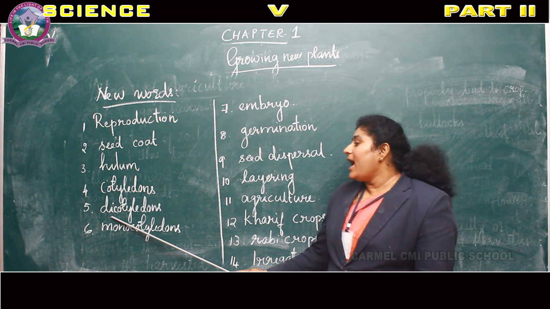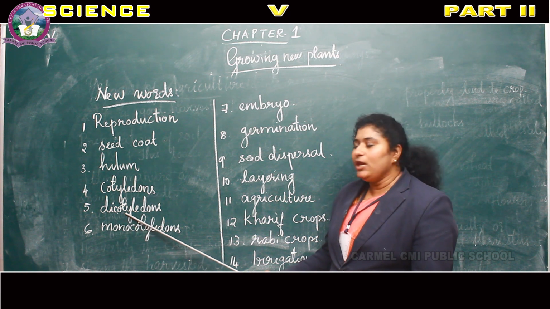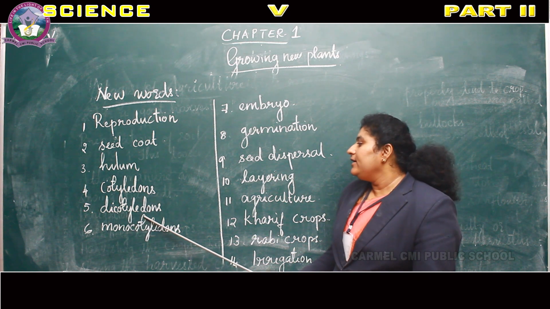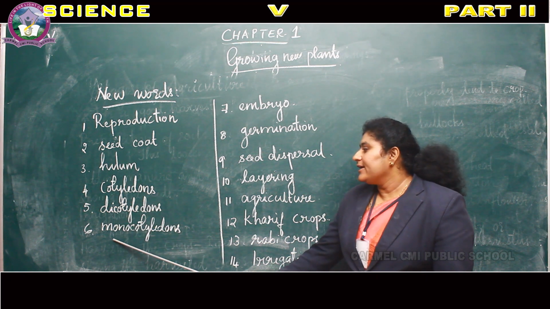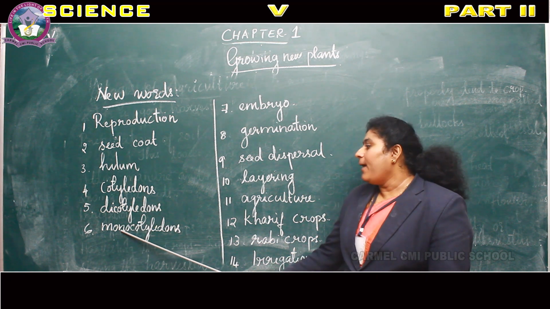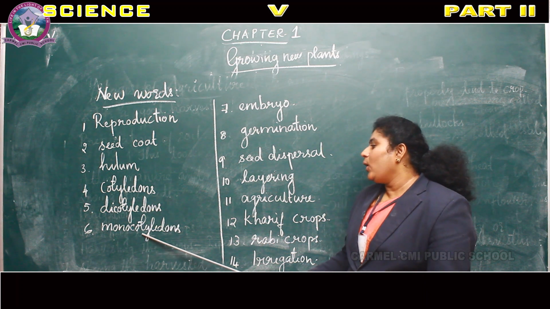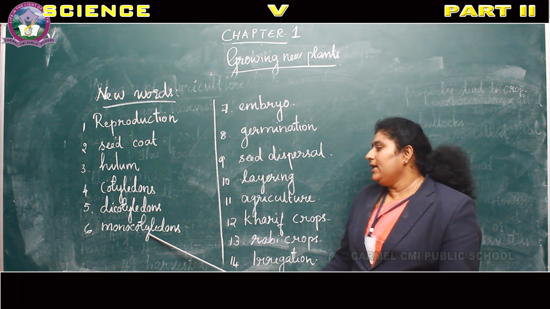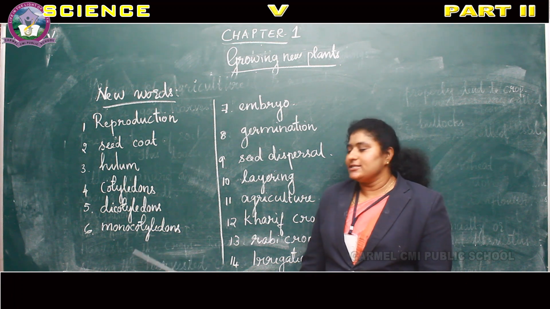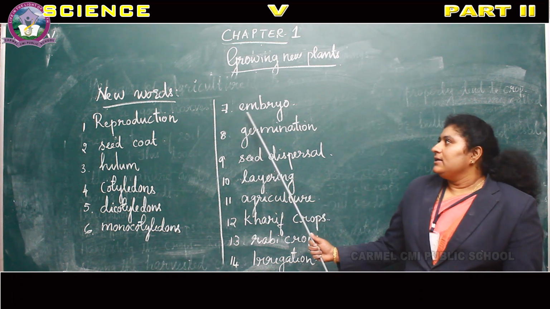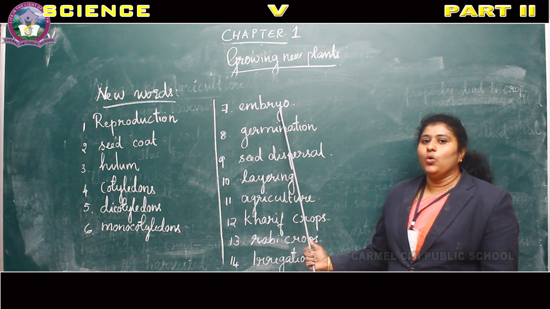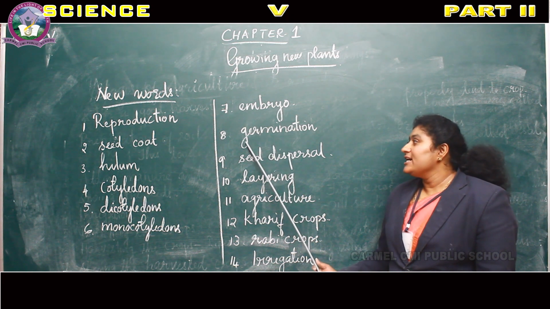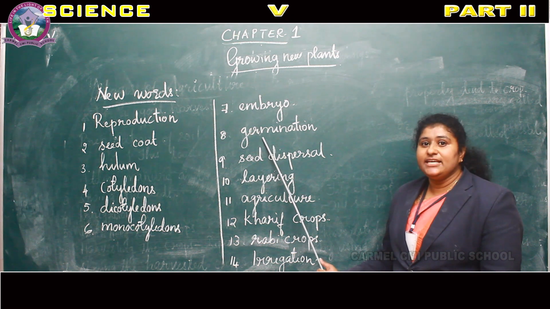Dicotyledon: D-I-C-O-T-Y-L-E-D-O-N-S. Monocotyledon: M-O-N-O-C-O-T-Y-L-E-D-O-N-S. Next, embryo: E-M-B-R-Y-O.